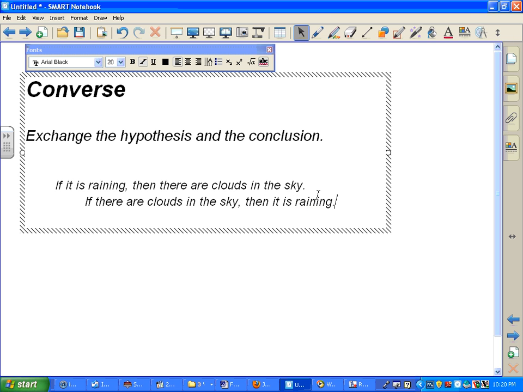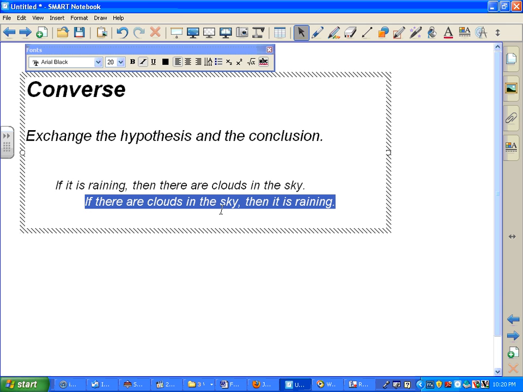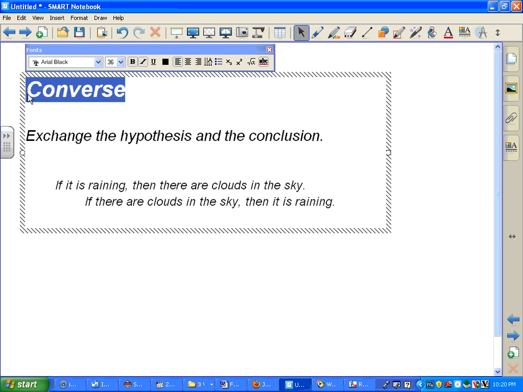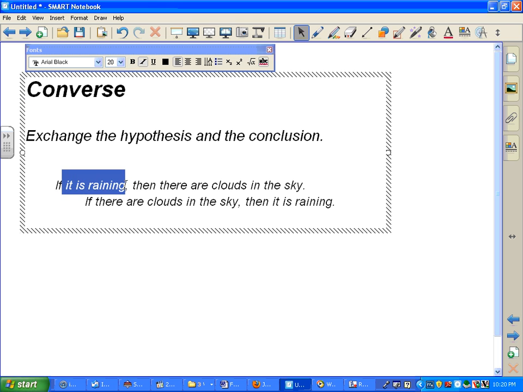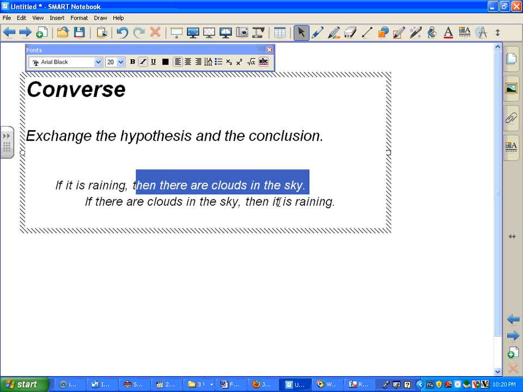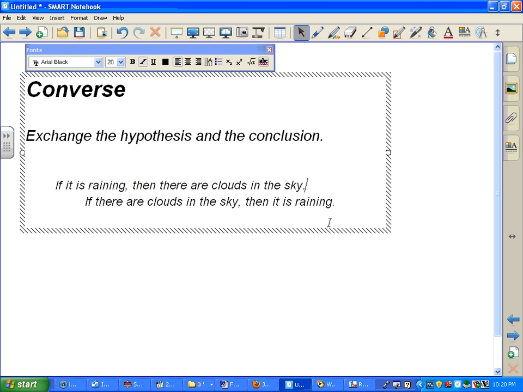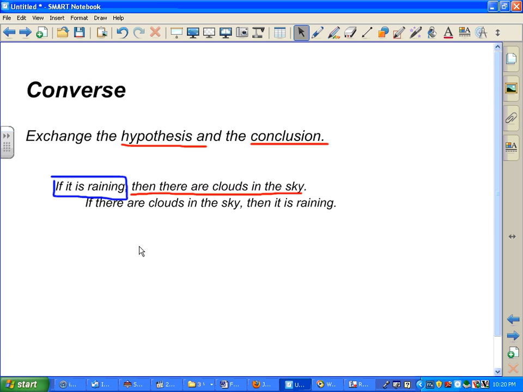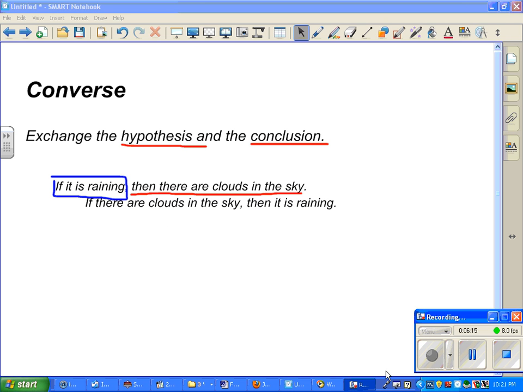I didn't say it had to be true, because obviously this is not true. But this is the converse of the statement, if it is raining, then there are clouds in the sky. Converse: switch the hypothesis and the conclusion.